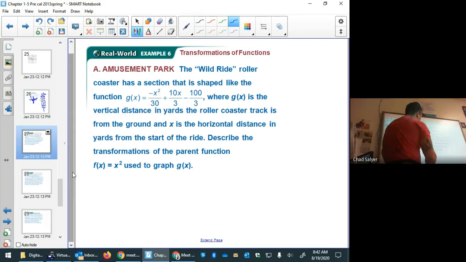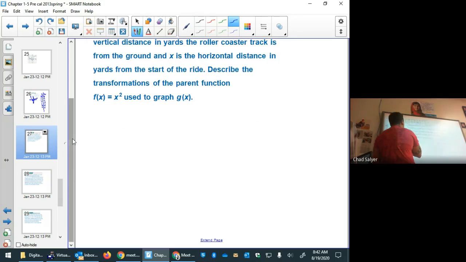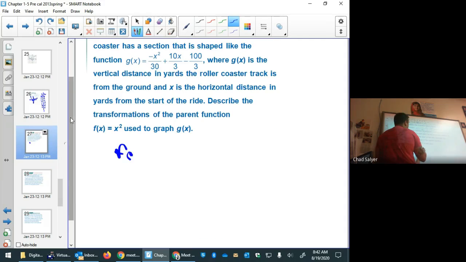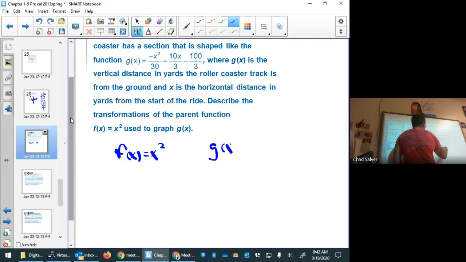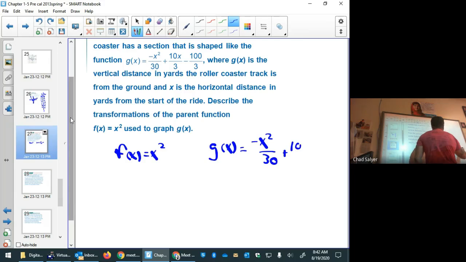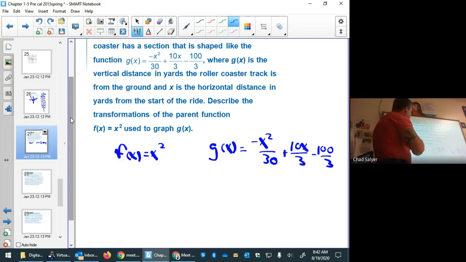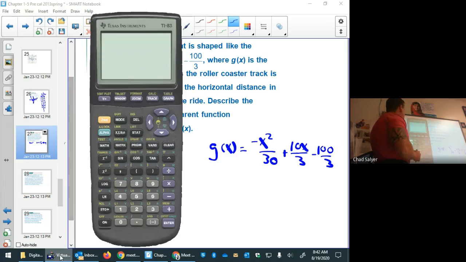So let's do that. So we're going from the parent function, f of x equals x squared, to g of x equals negative x squared over 30 plus 10x over 3 minus 100 over 3. So I can see a lot of things going on, but let's look at the graph on the calculator, and that'll help us understand these better.